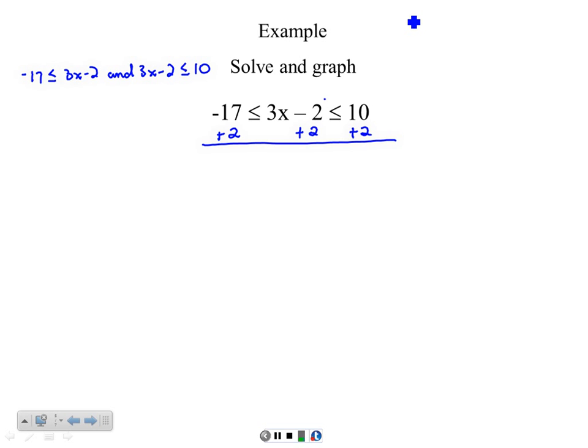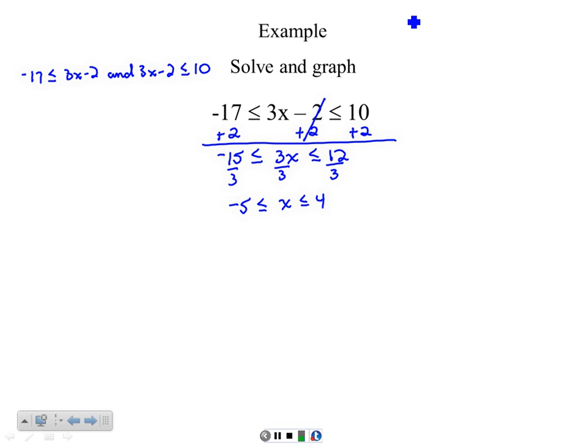So now these cancel out, and then you have negative 17 and 2, which is going to be negative 15, less than or equal to, the 3x is still there, less than or equal to 12. And then the last step to get x by itself is we would divide everything by 3. So we'll have negative 5 less than or equal to x less than or equal to 4.